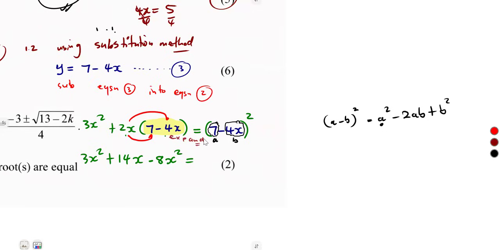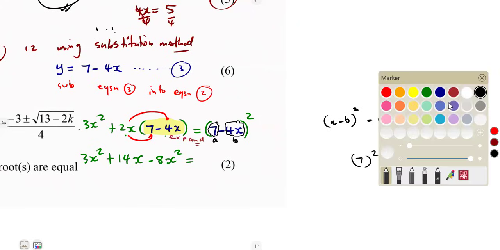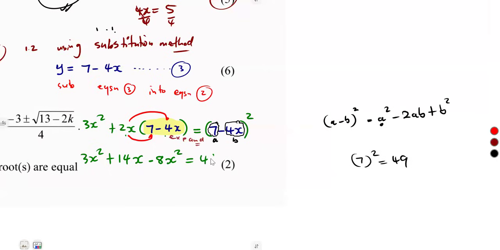So a squared, our a is what? 7. 7 squared is what? 49. Just like that. So this is equal to 49 minus 2ab. So that's minus 2 times a. Our a is 7. Our b is what? 4x. So this was gonna give us 14 by this, negative 56x.